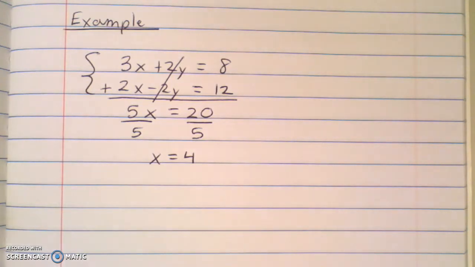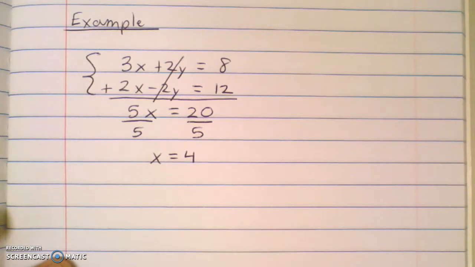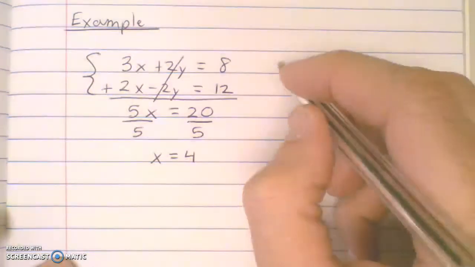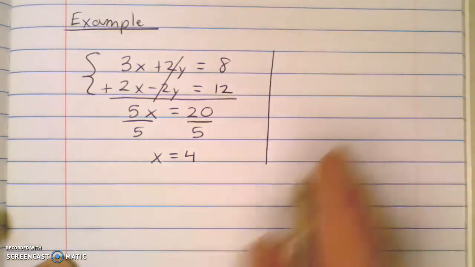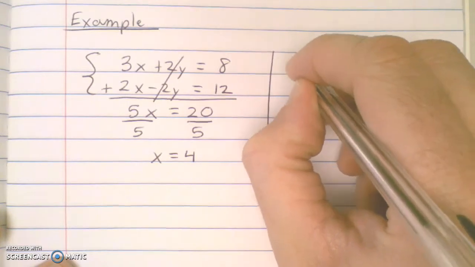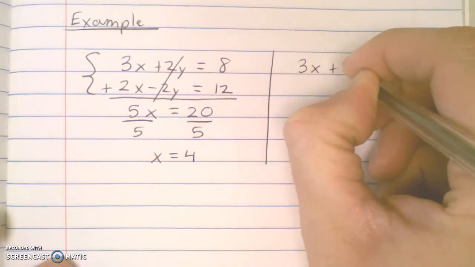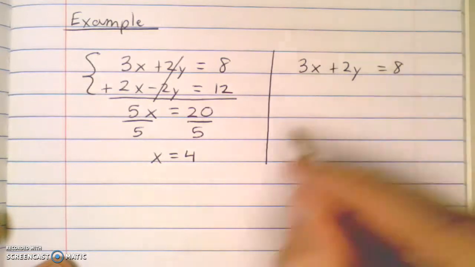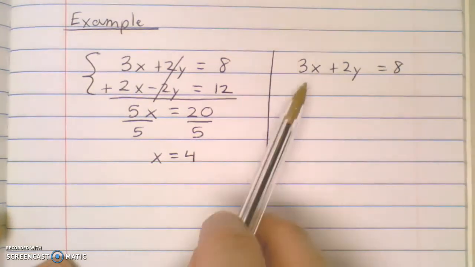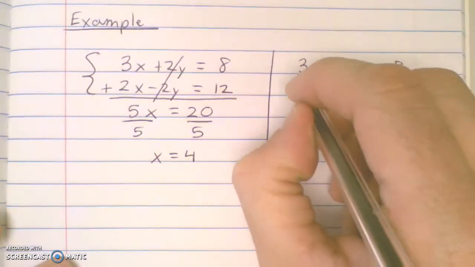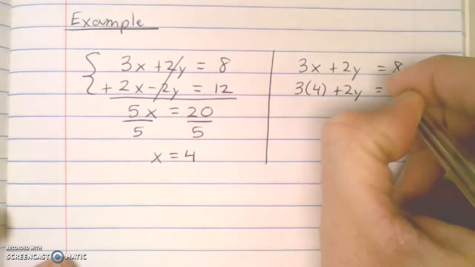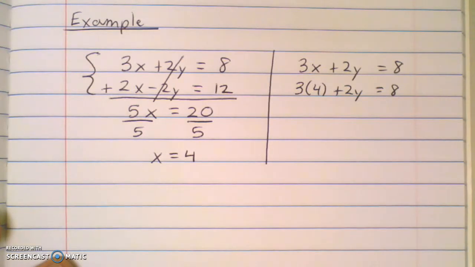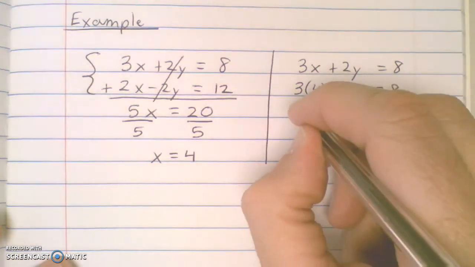Remember, with these elimination or substitution and system of equation problems, you have to plug in your values to find the other coordinate. So we have x equals 4, we need to find the y value. So I'm going to take the top equation, and I'm going to substitute in 4 for x and see what I can get out for y. So 3 times 4 is 12.